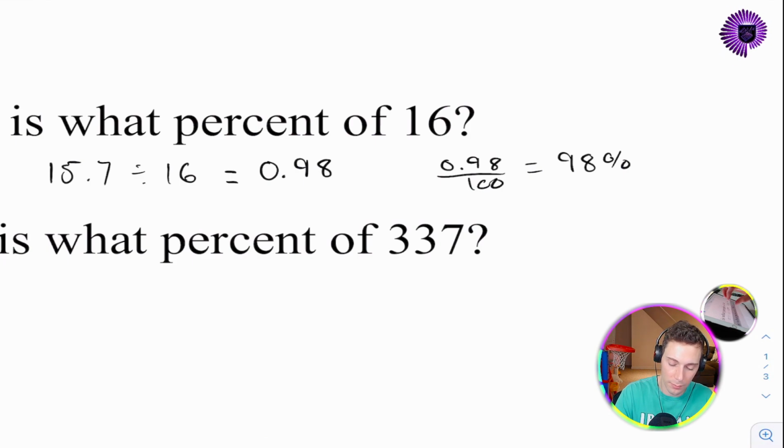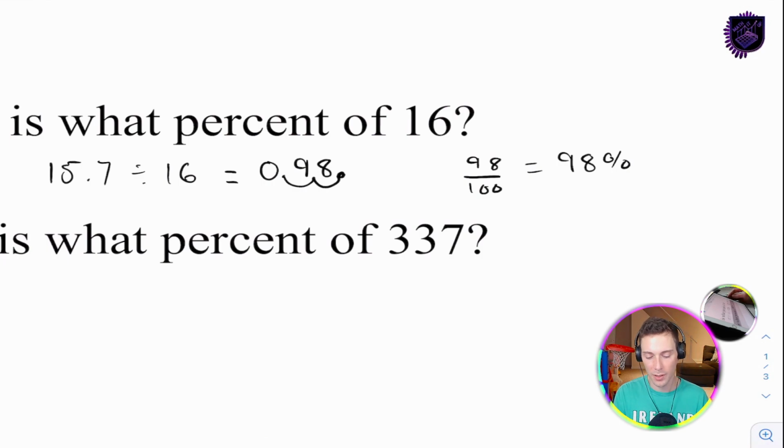Or we can think of it as times 100. Equivalent fraction over 100. 98 over 100. So again, move our decimal place over 2. That's our new decimal place there, 98. You gotta sort of figure that trick out there.